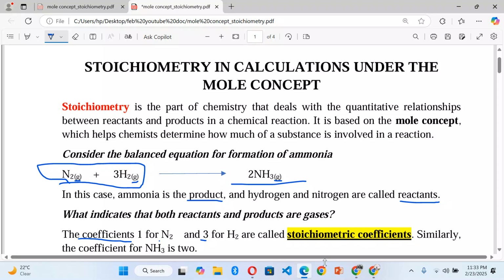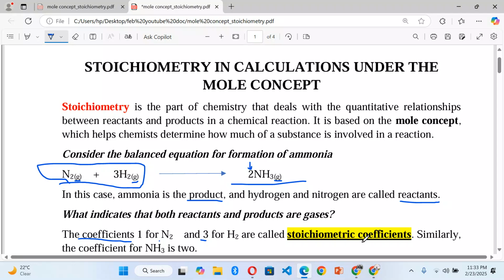Similarly, the coefficient for ammonia gas, which is on the product side, is 2. The stoichiometric coefficient shouldn't disturb our minds every time we talk about stoichiometry.